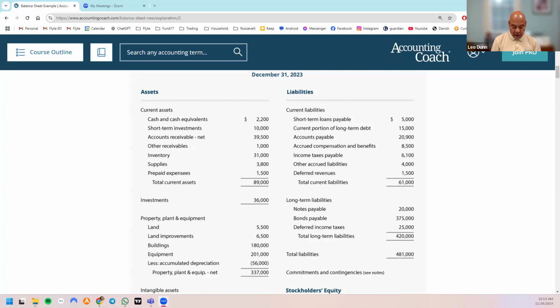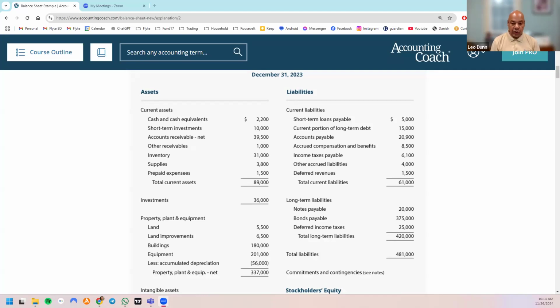That reduction would show up on your profit and loss statement as depreciation expense. It would show up on your balance sheet as accumulated depreciation. So for book purposes, after 1 year, that building is not valued at the 180, but the 180 less whatever depreciation has been assigned to that building.